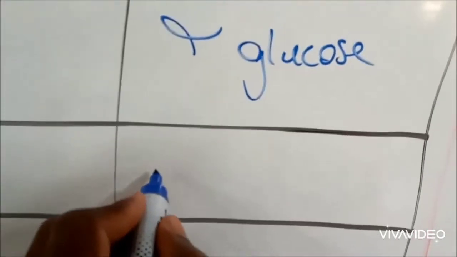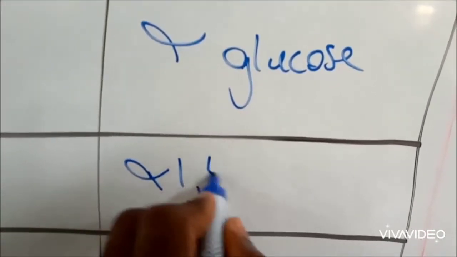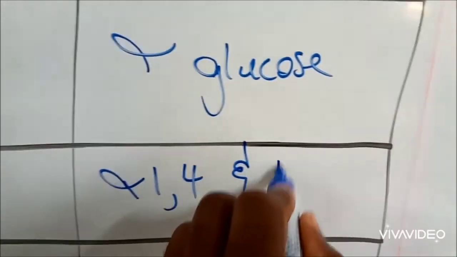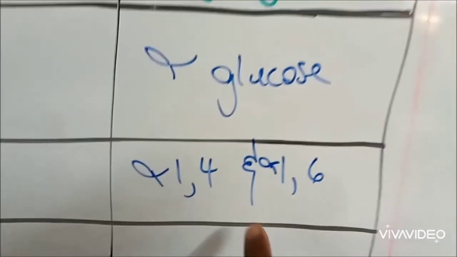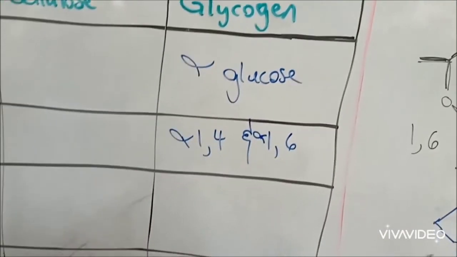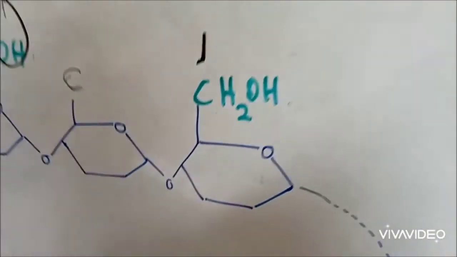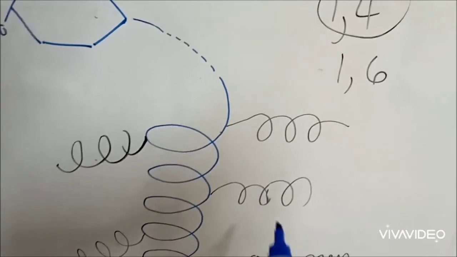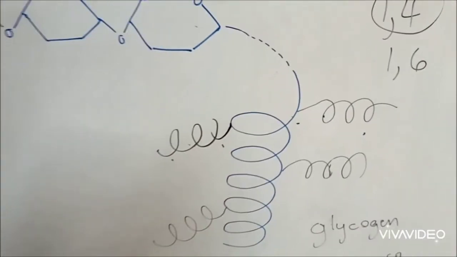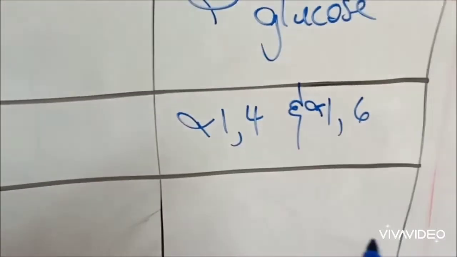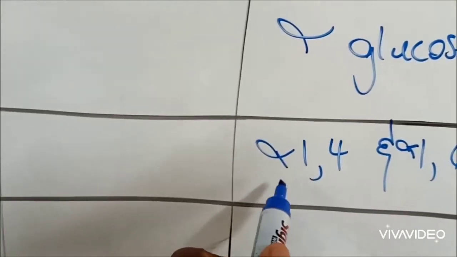You would see both alpha 1,4 and alpha 1,6, because remember the bonding is what? The side chains. Remember this video where I spoke about the side chains right here that makes this molecule glycogen. Good. So that's why we would have alpha 1,6 and alpha 1,4 to make it glycogen.